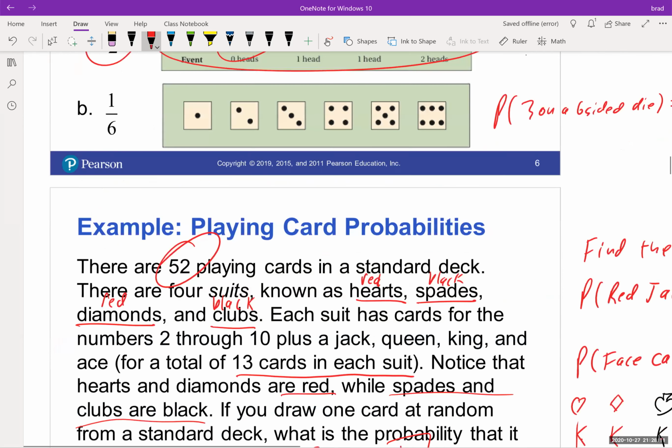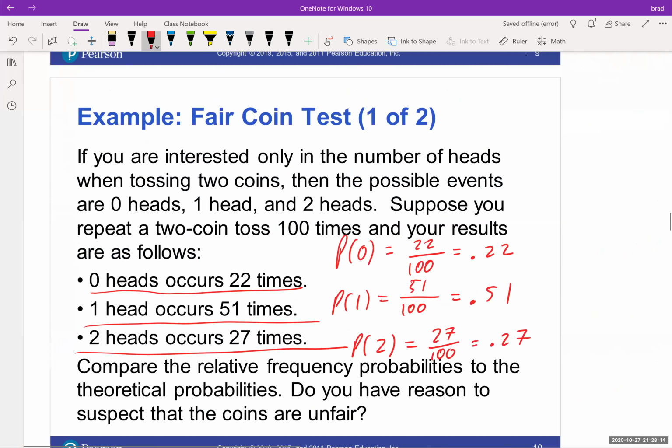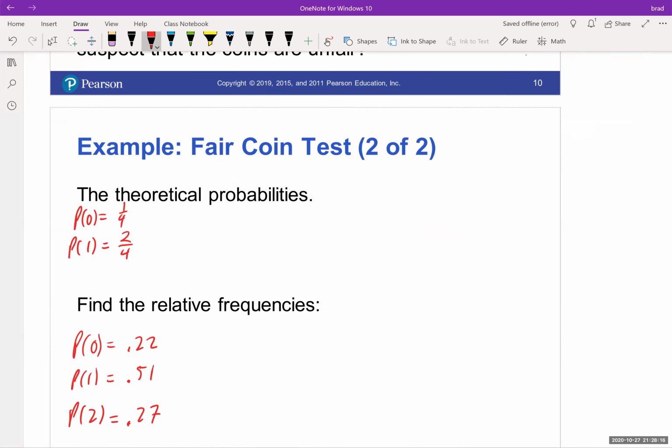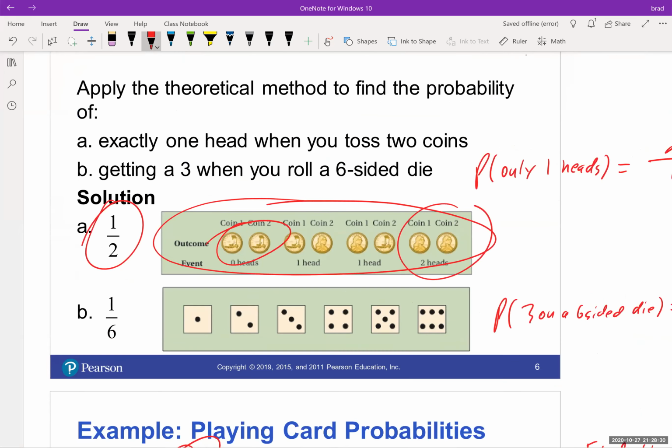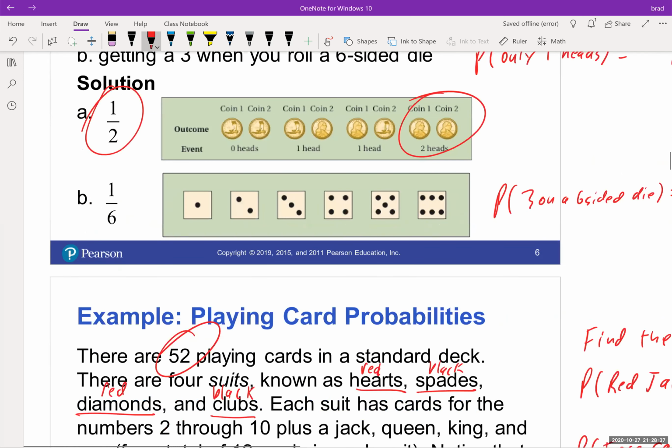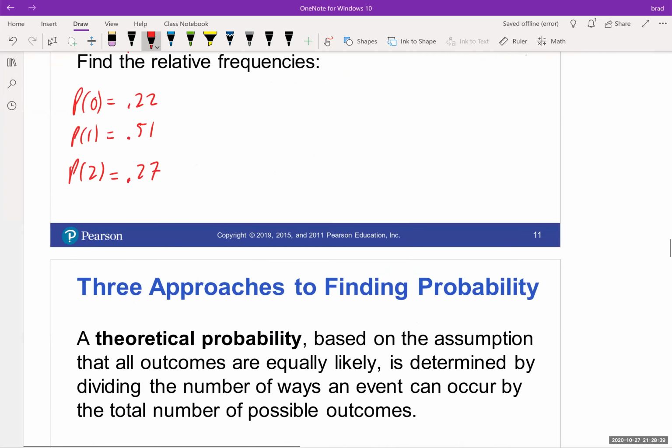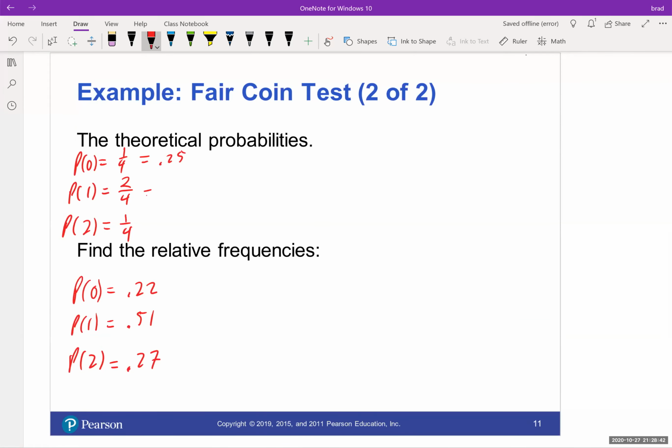So theoretical probability says that we should get 1 out of 4. How many had only 1 head? 2 out of the 4. And how many of them had both heads? Well, that would be, once again, 1 out of 4. If we go back up here and look, this was the only scenario that had 2 heads, right? So we're just using all the theoretical probabilities for each situation. Now this would be 0.25, this would be 0.50, and this would be 0.25.